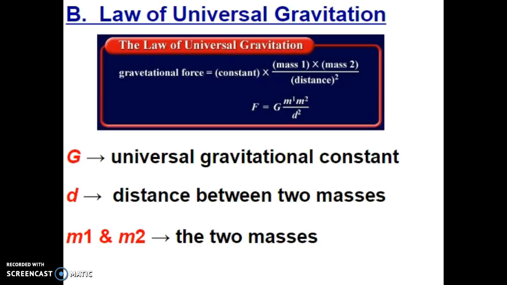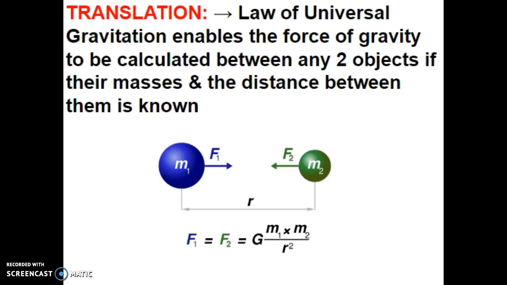We can calculate the gravitational force on two objects if we know their mass and how far apart they are, or their distance. We take the gravitational constant, multiply that by the two masses, and divide that by the distance squared. So we can calculate the gravity between any two objects as long as we know their mass and the distance they are apart from each other.